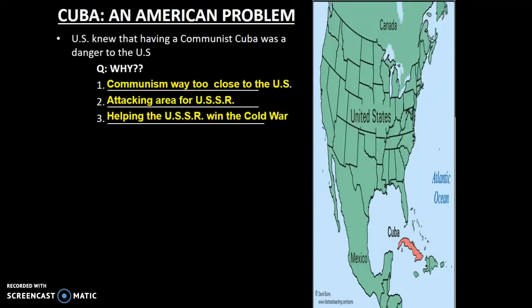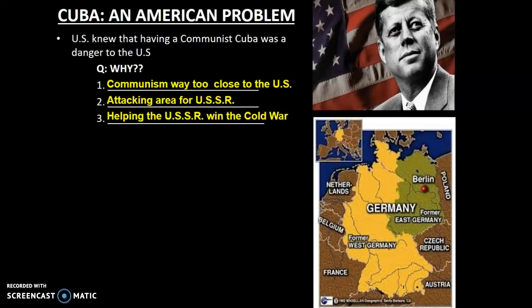Remember that the domino theory is a fear that when one country becomes communist, it will infect all the neighboring countries, making those countries communist countries too. With communism super close, with the USSR being able to land in Cuba and use Cuba as an attacking position, and with the fear that communism will spread throughout Central America and maybe even South America and North America, the United States is now on super high alert.